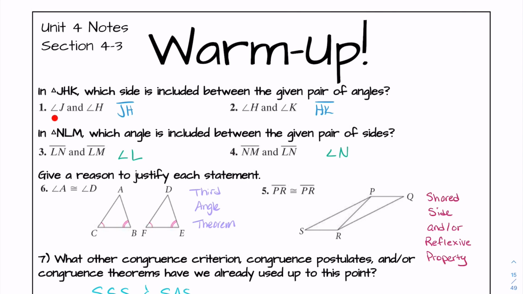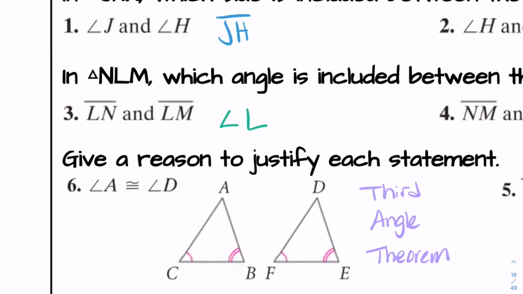Which side is included between the given pair of angles? If the angles are angle J and angle H, then JH is the side caught between them. And if the two angles in question are H and K, then side HK is stuck between both angle H and K. Now, if we are given 2 sides, what angle is caught in between them?